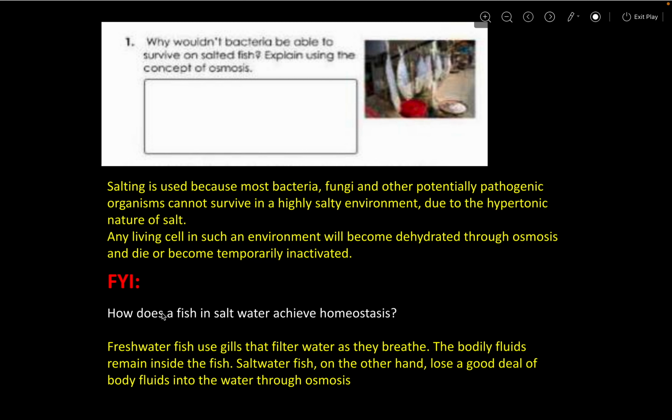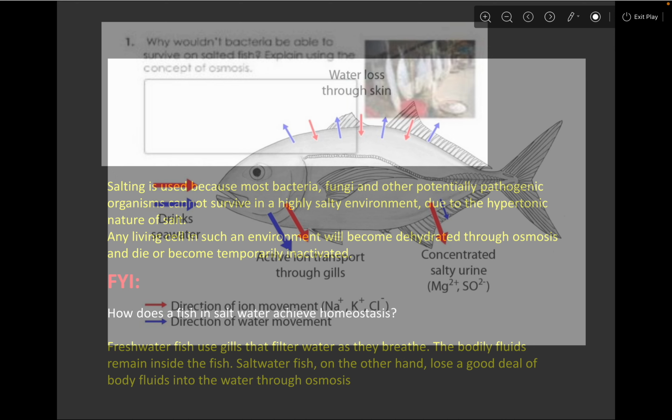Okay, how does a fish in water achieve homeostasis? Freshwater fish use gills, which serve as the gas exchange that filter water as they breathe. The bodily fluids remain inside the fish. On the other hand, saltwater fish lose a good deal of body fluids into the water via osmosis.